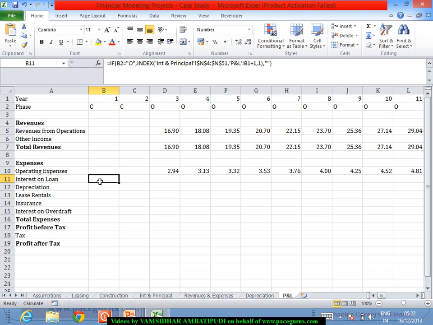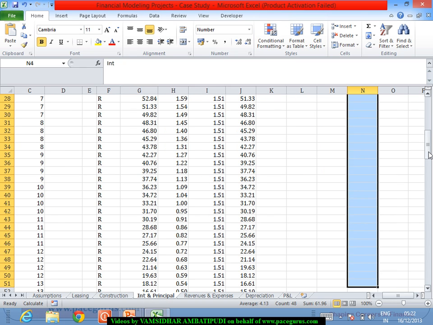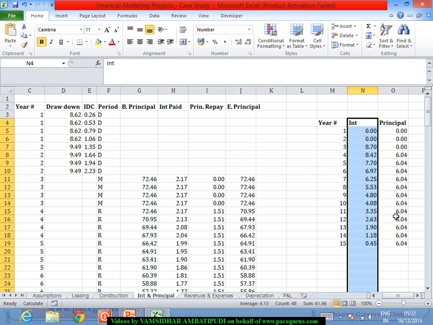See, what my index formula is doing is, if you see here, in this particular array, the second row in this particular selection corresponds to the interest for the first year. Third row corresponds to interest for the second year. Fourth row corresponds to interest for the third year.